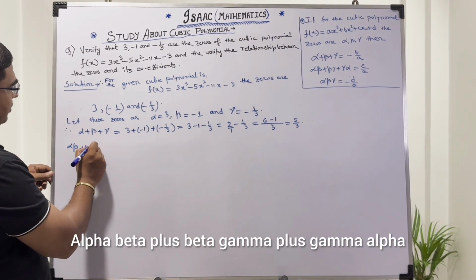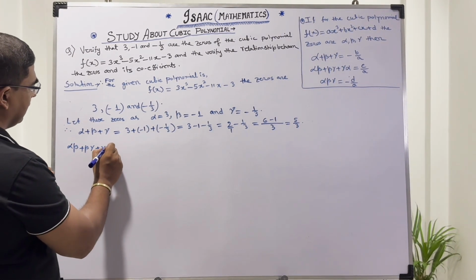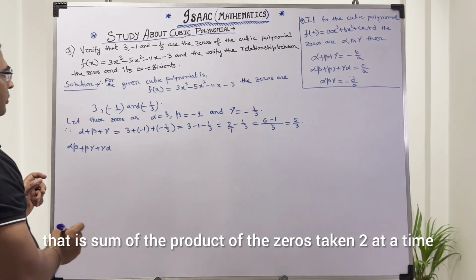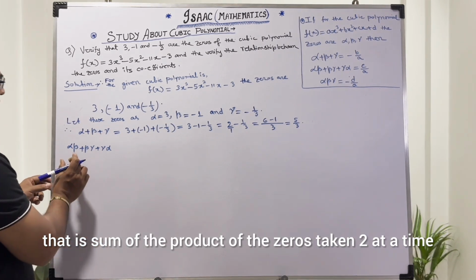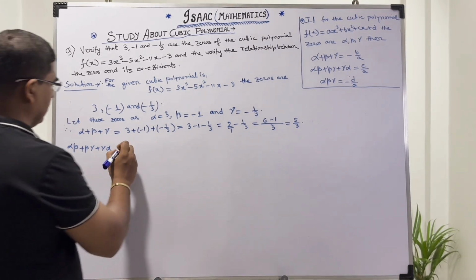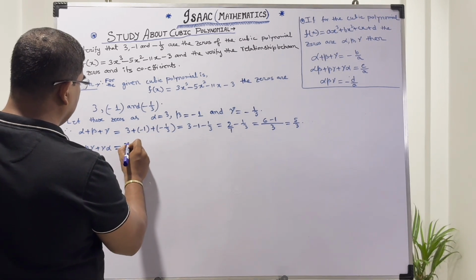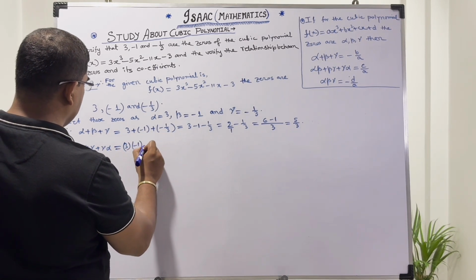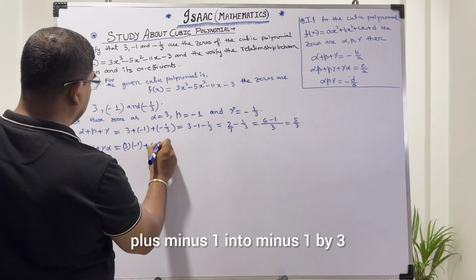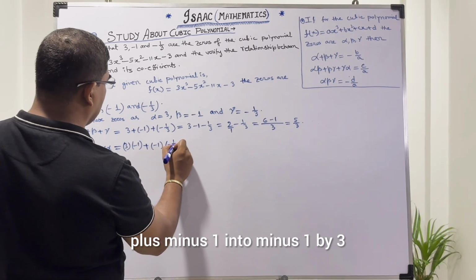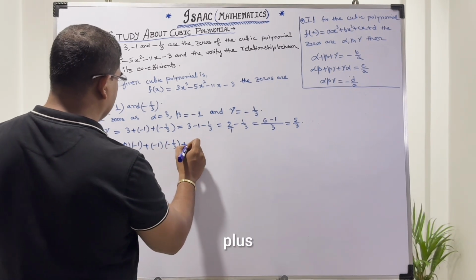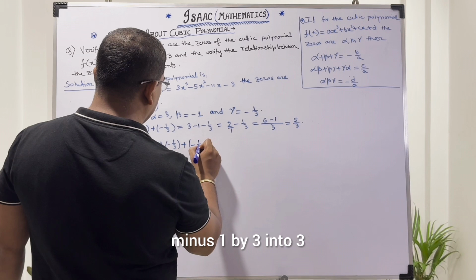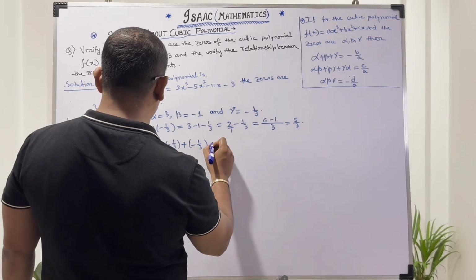Alpha beta plus beta gamma plus gamma alpha, that is sum of the product of the zeros taken 2 at a time, is equals to 3 into minus 1 plus minus 1 into minus 1 by 3 plus minus 1 by 3 into 3.